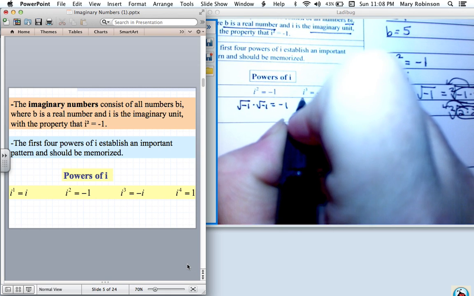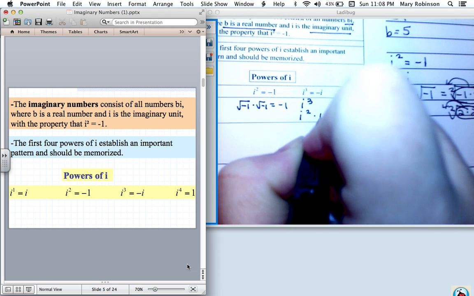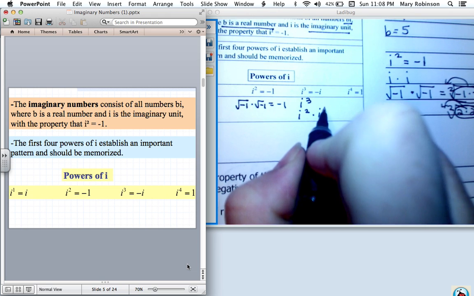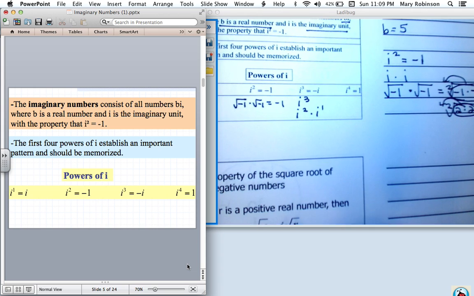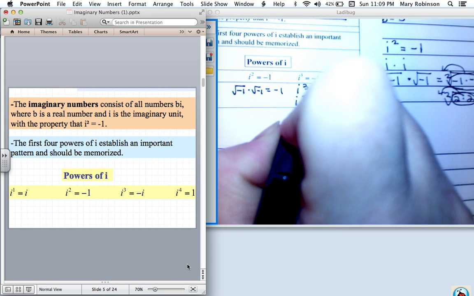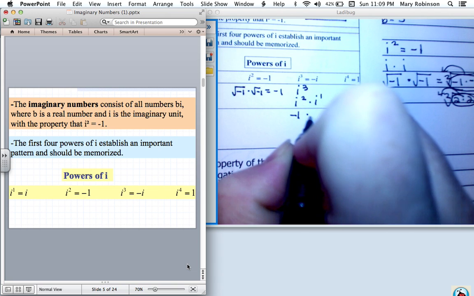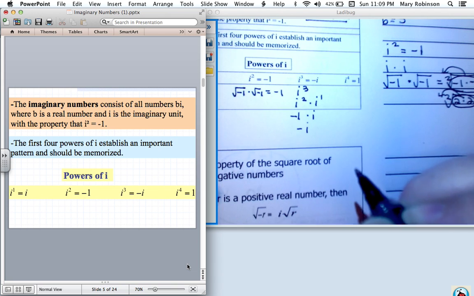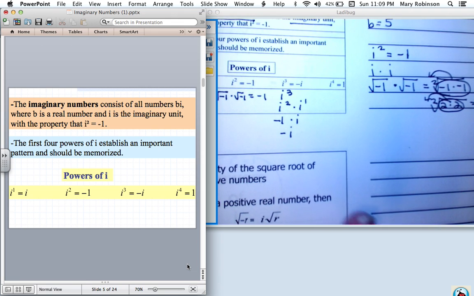And that's because remember i cubed you can think of as i squared times i. And since it's to the first power, i squared times i adds to be i cubed using our properties of exponents. Since i squared we've already found equals negative 1, we've got negative 1 times i, and negative 1 times i would be negative i. So that's why i cubed equals negative i.